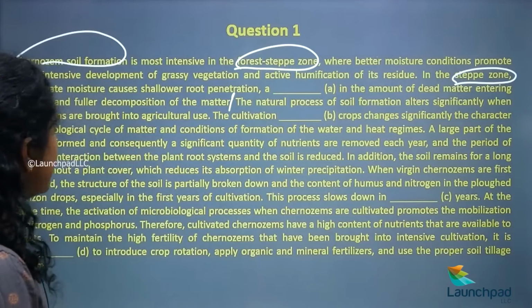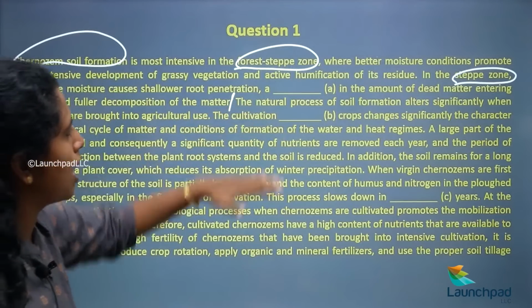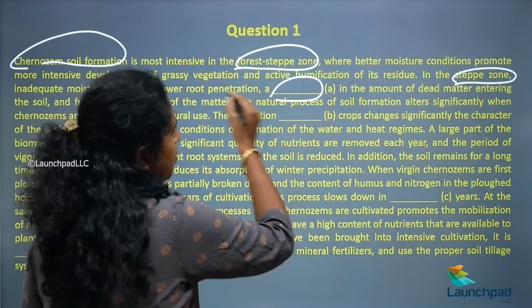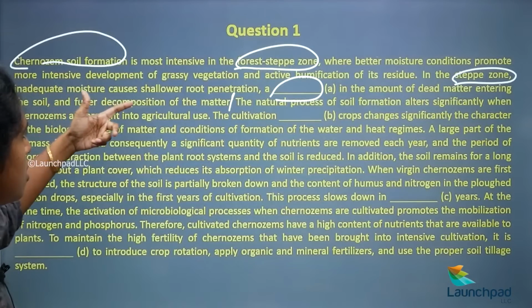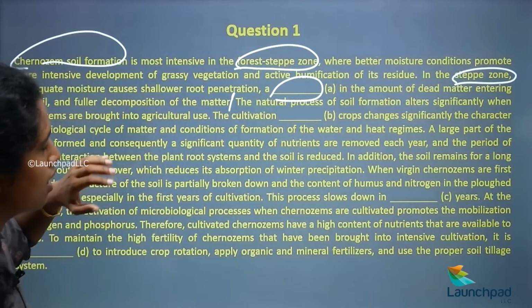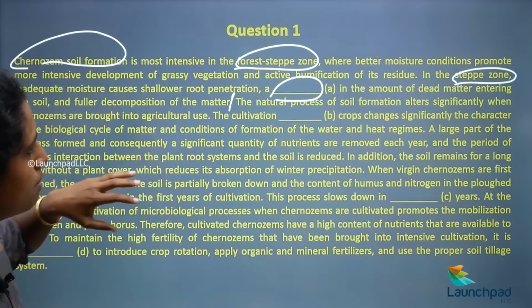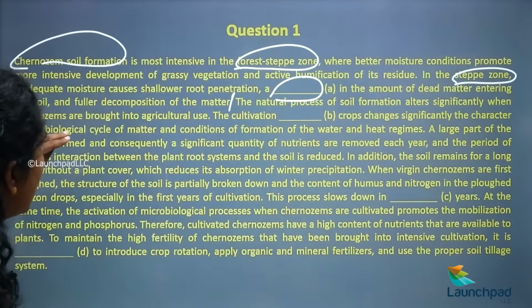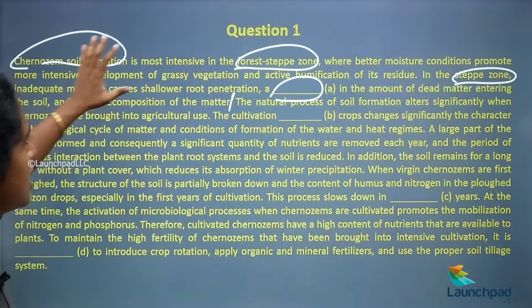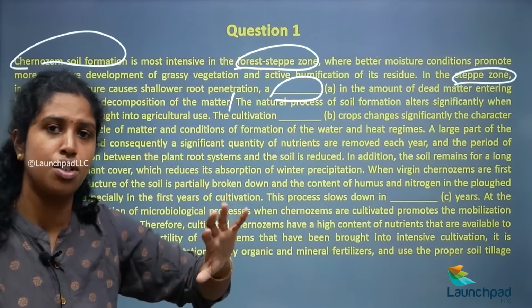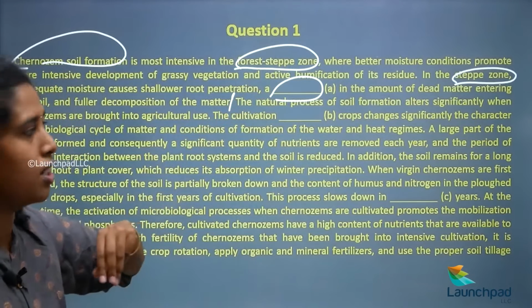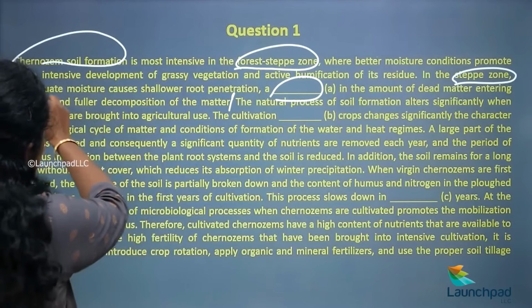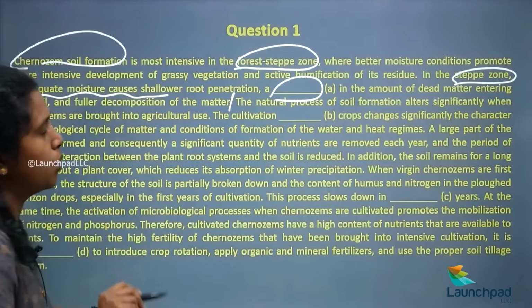Next, here you have a blank, so this is what we have to identify. Inadequate moisture causes shallower root penetration, a dash in the amount of dead matter entering the soil, and fuller decomposition of the matter. First they are telling that only if there is moisture, the Chernozem soil is formed. And in the second sentence, what are they saying? If there is inadequate moisture, what will happen?